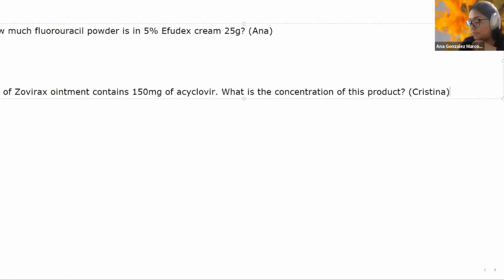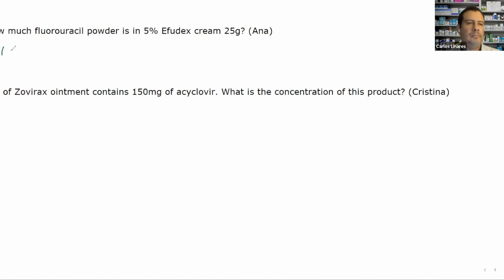So mine is 1.25 grams. So Anna says 1.25 grams. And you did that by doing what? By multiplying 25 times 5 and dividing it by 100. 25 times 5%, which is also divided by 100.